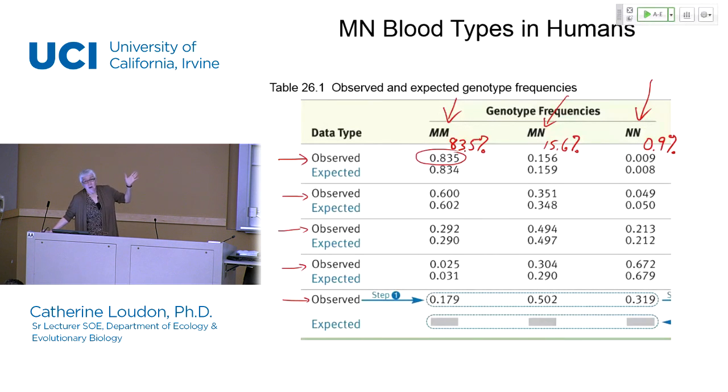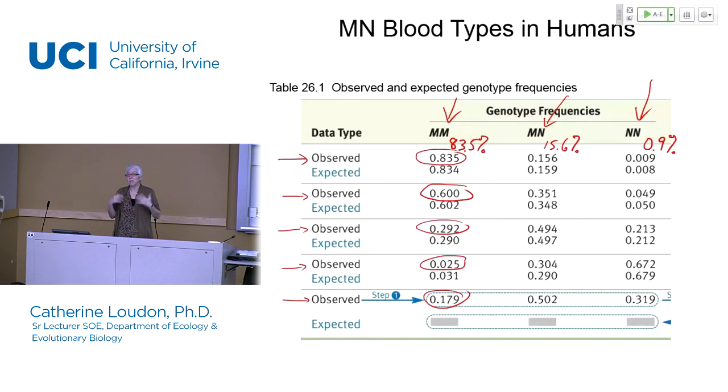Now, the data are reported as percentages of the population from whom the blood was drawn, which was a large number of individuals. If we look at just the MMs in the different populations, you can see that these differ quite a lot. We've got 83%, 60%, 29%, 2.5%, and 18%. So very different in the different populations.